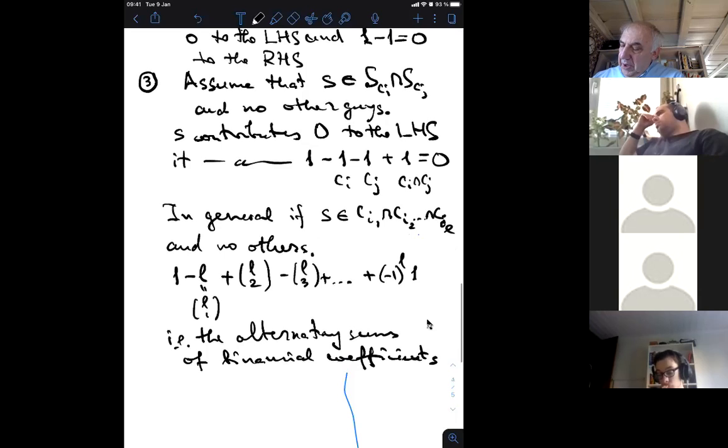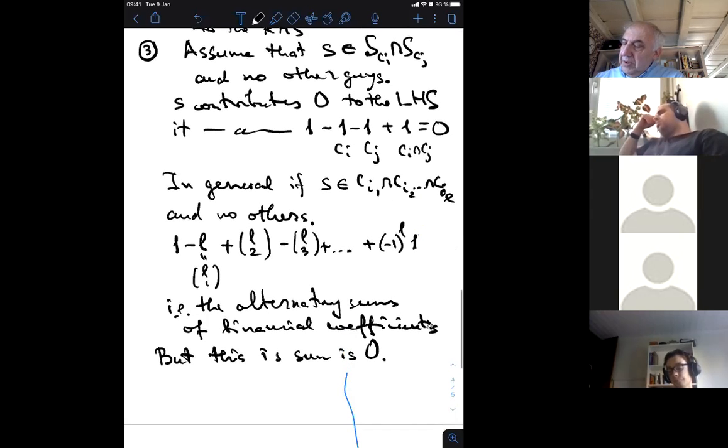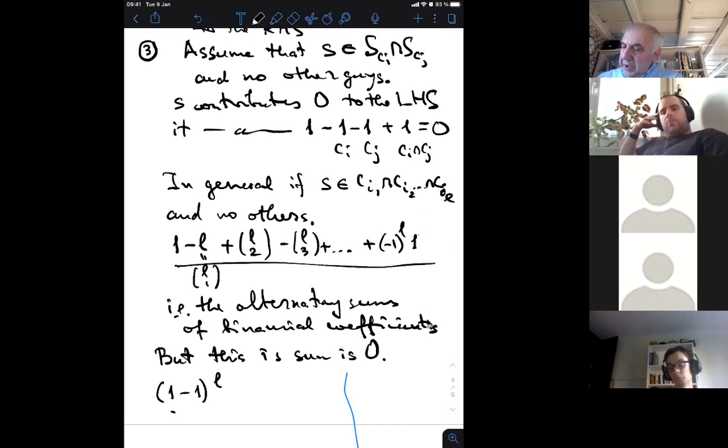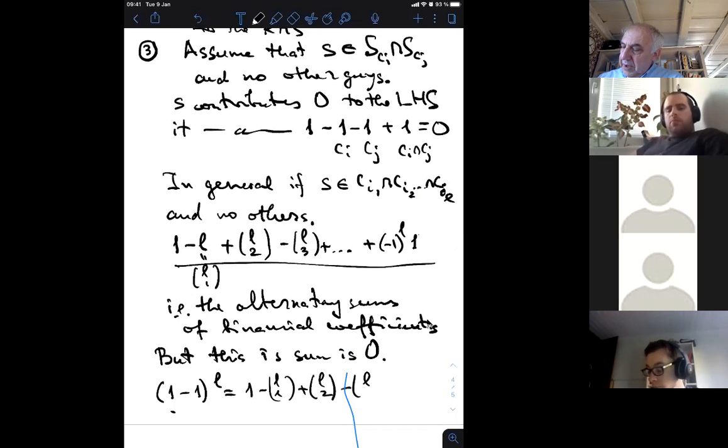But this sum is 0. Why? Because we can think of it as the expansion of 1 minus 1 power L. If we use the binomial formula here, we'll get exactly the same expression: 1 minus L choose 1 plus L choose 2 minus L choose 3 plus, and so on to the end.